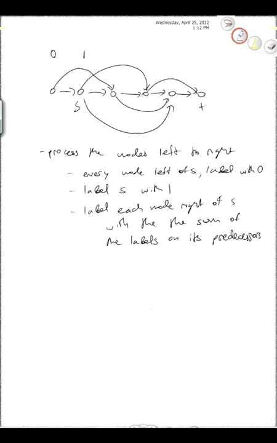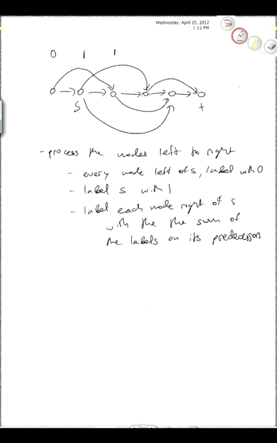There's 0 paths starting at S that can end at this node because it's to the left of S. There's 1 path starting at S that ends at S, and you can think of that as just the empty path. So how many paths starting at S end at this node? Well, it's just one. It's just this edge. And one way to think about it is, the path could end with this edge, but then you have to get to this node, and there's one way of getting to this node. So that's why we're going to label this node with 1.